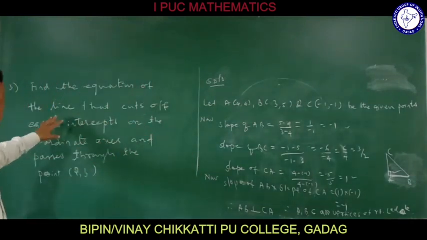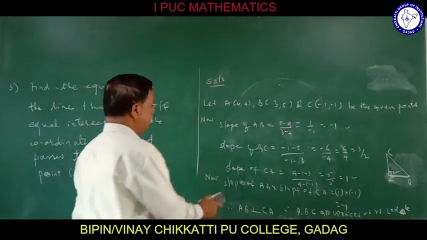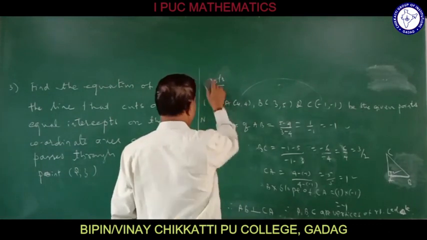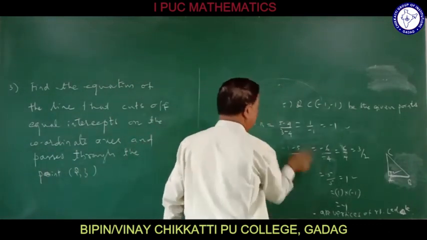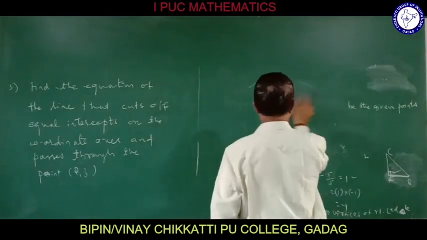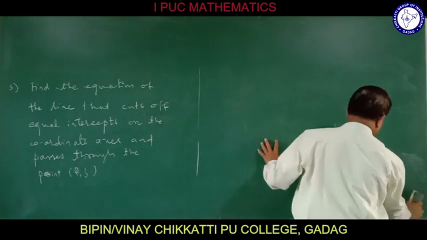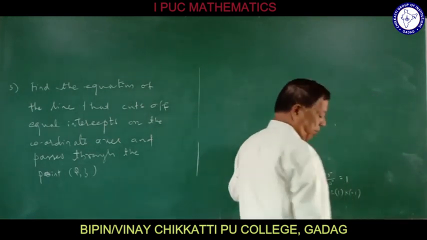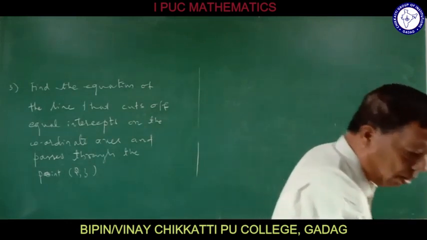Find the equation of the line that cuts off equal intercepts. Equal intercepts means the x-intercept is equal to the y-intercept. Using that point, you have to write the equation of the line. So here you have to understand that the intercepts are equal.